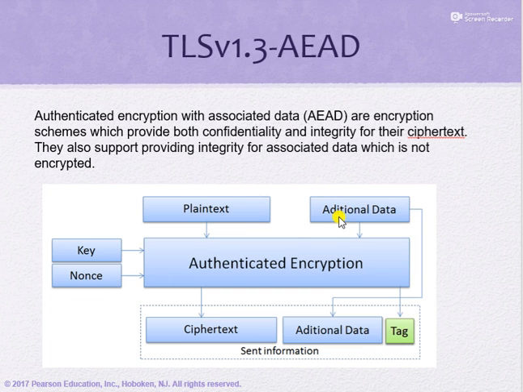The nonce and the additional authentication data are passed in clear, and there are two outputs. One is the ciphertext, which has the same length as the plain text, and the other is the tag, that is the authentication tag, which is the authentication on this message being sent.